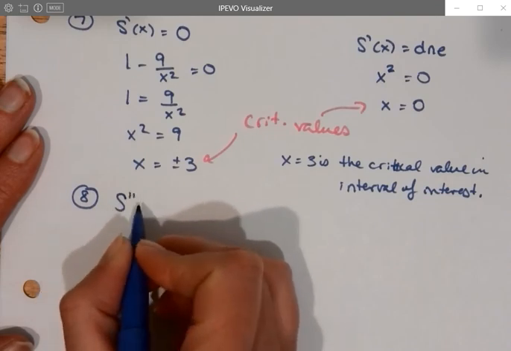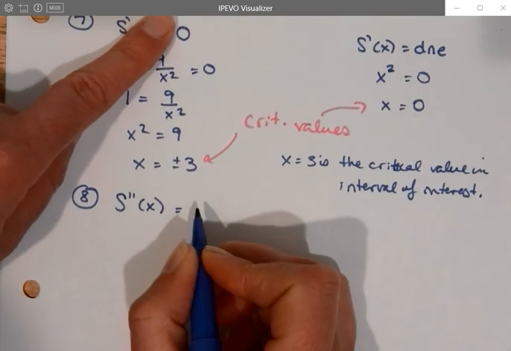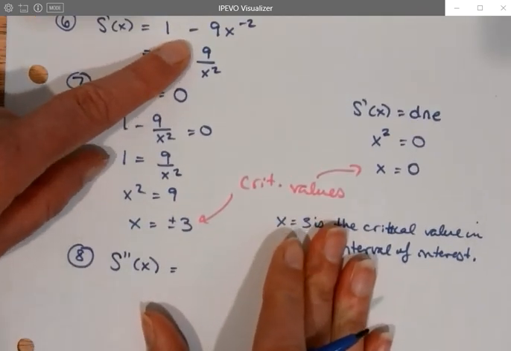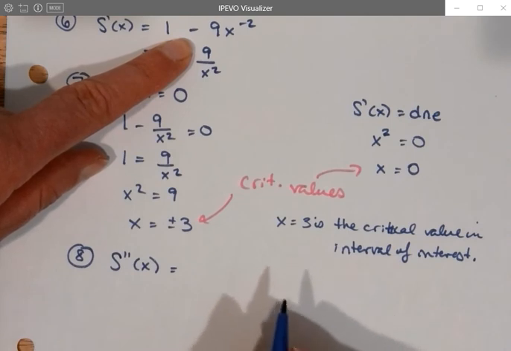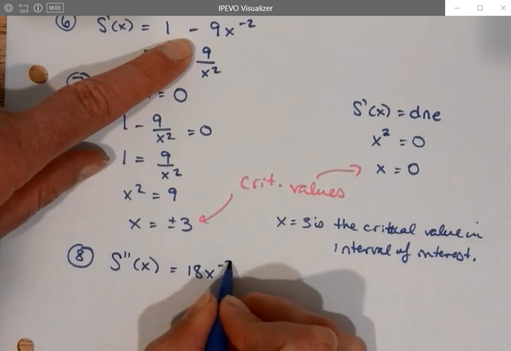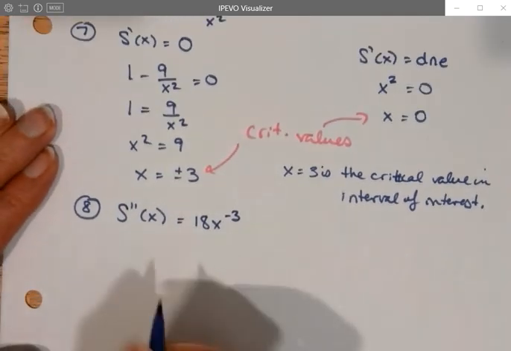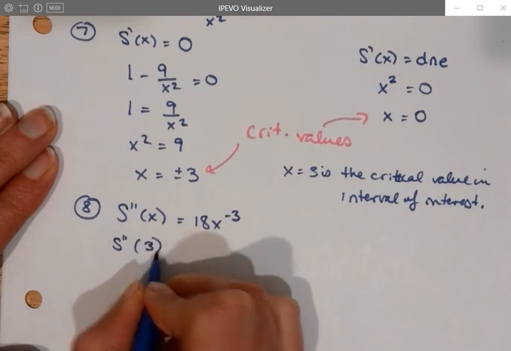So let's start with the second derivative test, which means I'm going to find the second derivative, which would be, since I have 1 minus 9x to the negative 2 as the first derivative, 18x to the negative 3 for the second derivative, and then we evaluate the second derivative at our critical value, so at 3.